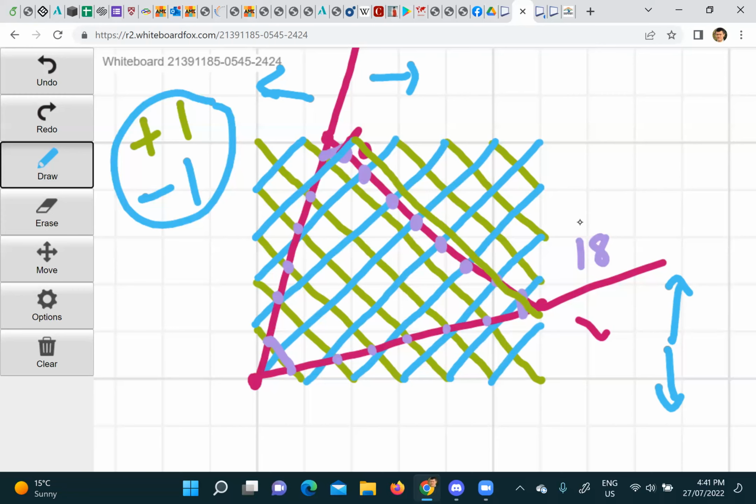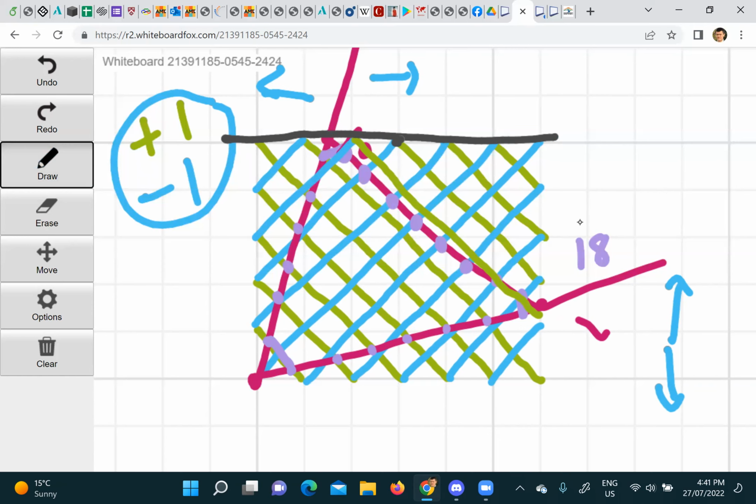But we also cut more squares from the third side because there are more blue lines in between now. Actually, there's exactly one blue line for every green line because the green lines and the blue lines intersect on the top line. So as you move past, it's exactly one of each. So that means it doesn't actually change the number of squares you cut. That makes sense?